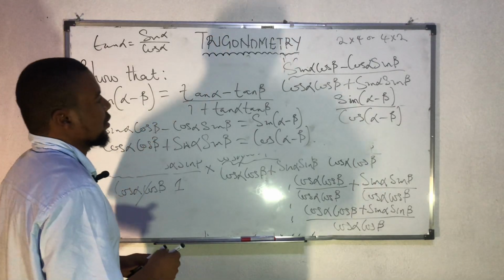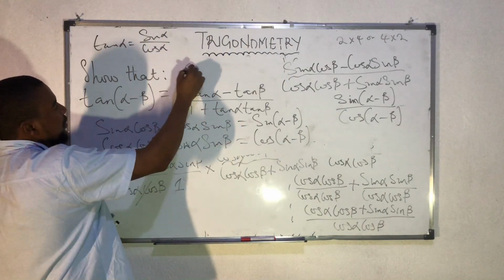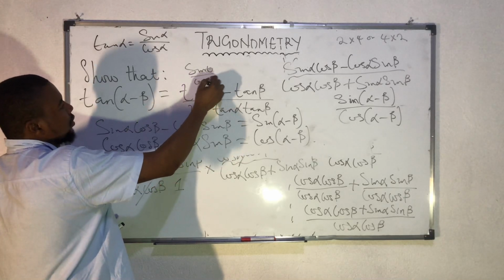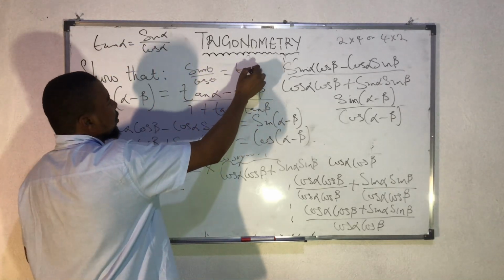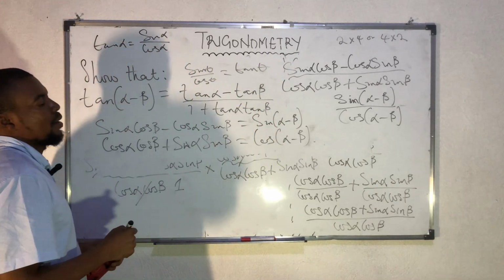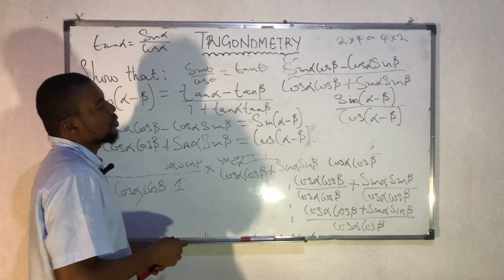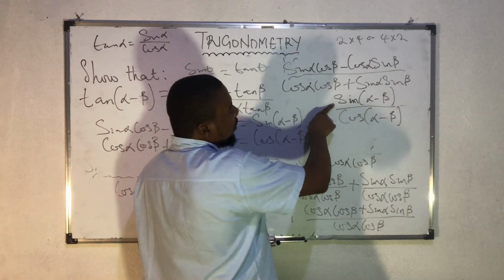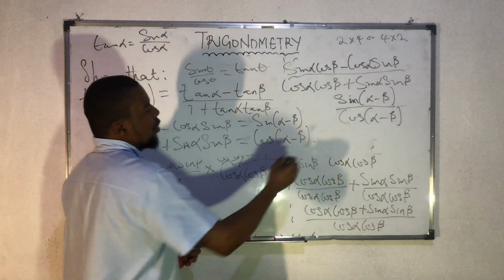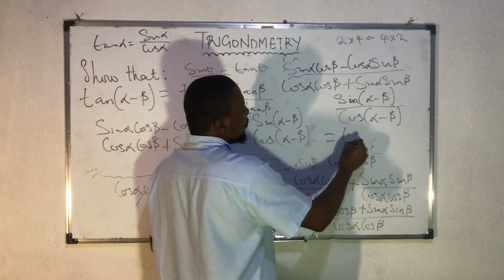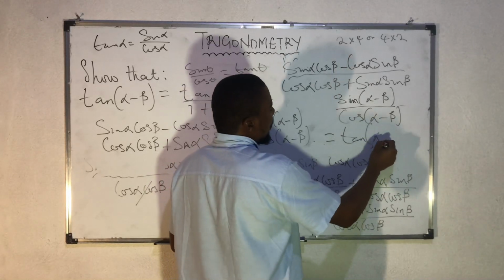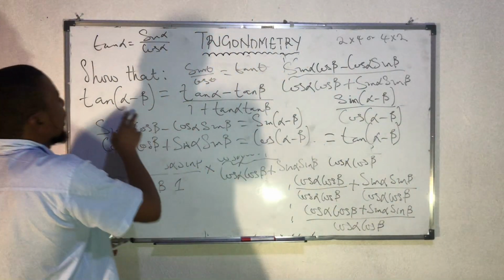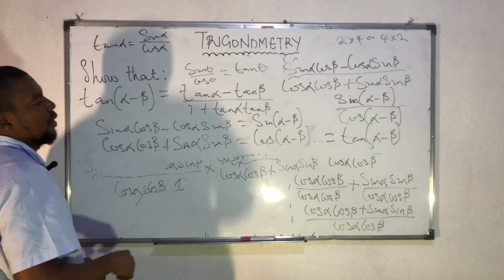And we know that if we have sine theta over cos theta, this is equal to tan theta. This is also another identity which is called a quotient identity. And we've seen that we have sine over cos. This is now equal to tan alpha minus beta. And this is what we are looking for. It's as simple as that.